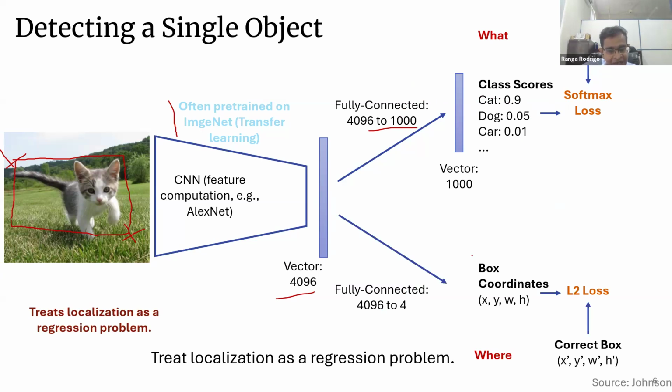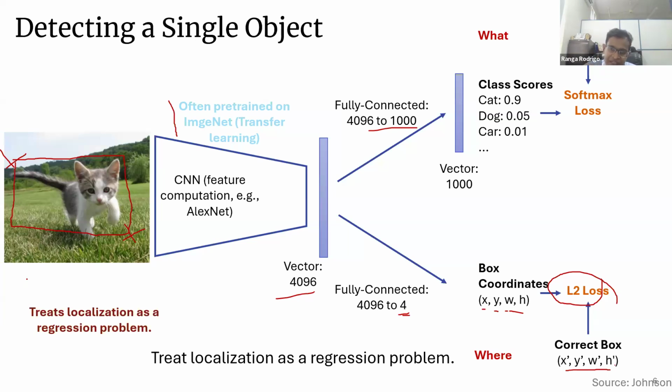And in addition, we have to connect it to 4096 to 4. Each of these four will give you x, y, width and height, and with an L2 loss. That means you square them and x minus x prime square. Because you have the correct ground truth. So ground truth boundary boxes must be there. Then you can regress and get the network to predict the bounding box also. So you can see treating the localization as a regression problem in this case.